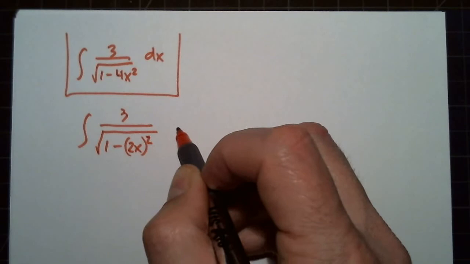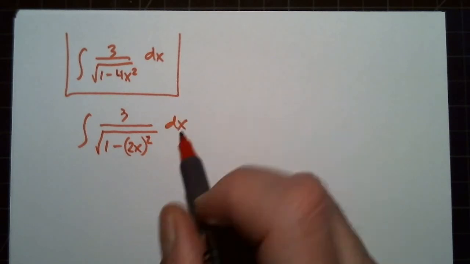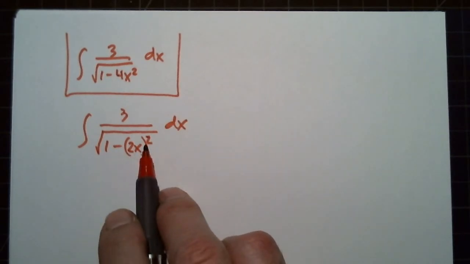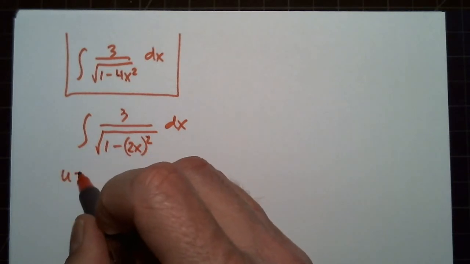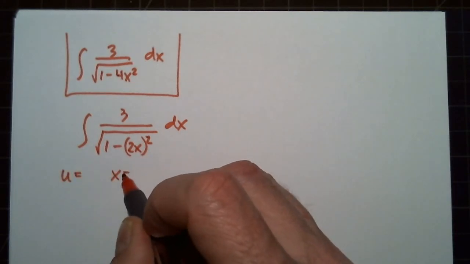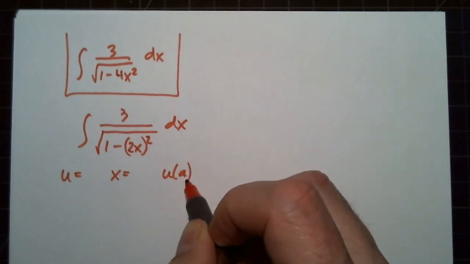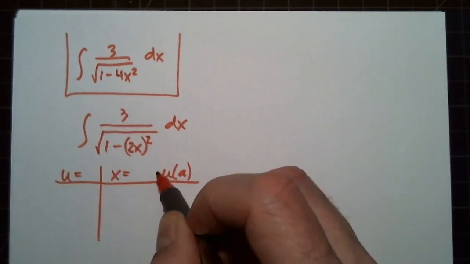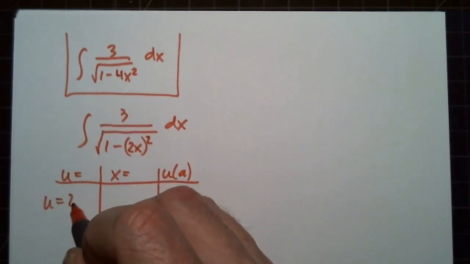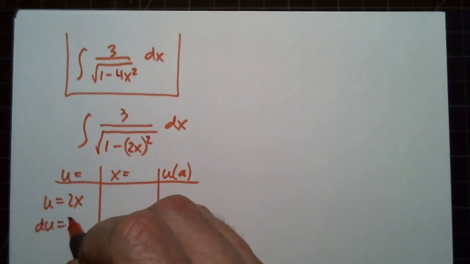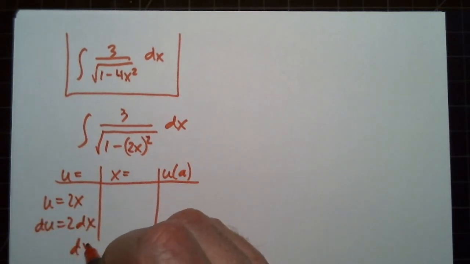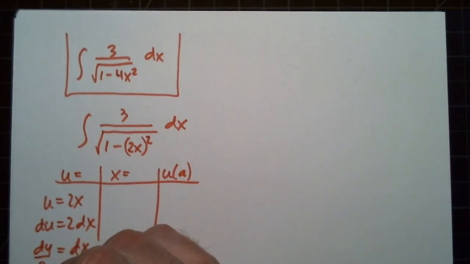And we just need to make this look like one of those derivatives, 1 minus u squared. So that's going to be arcsine. u is 2x, du is 2dx, dx is du over 2.